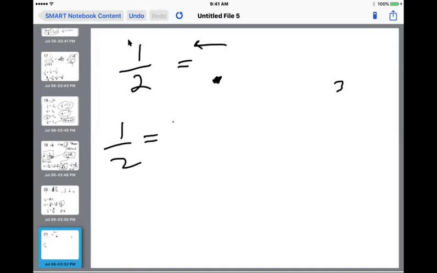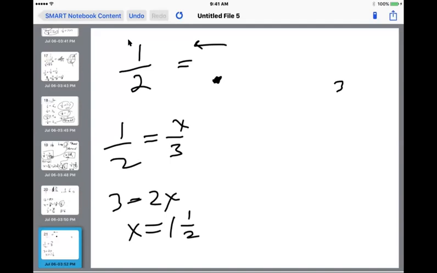But when we do x over 3, 3 equals 2x, x equals 1 and a half. So the 1 goes here, and so somebody said 1.5 before, that's what the x value is, but the first digit of it goes there.